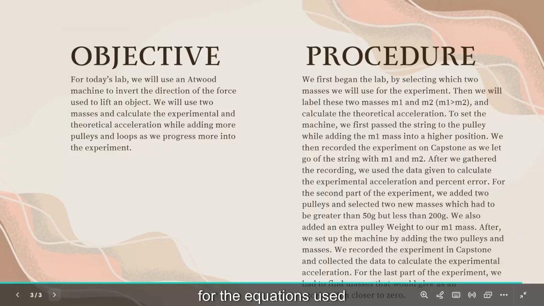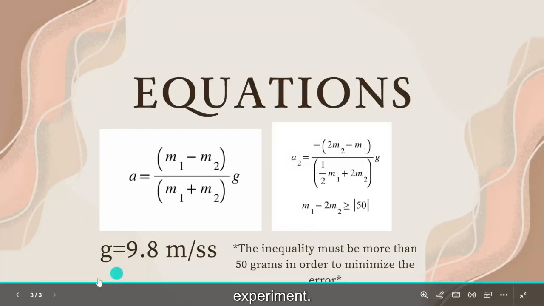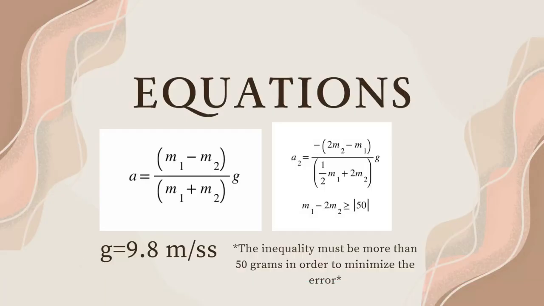For the equations used in this experiment, for the first part, we use the equation A equals (M1 minus M2) over (M1 plus M2) times gravity, in which gravity equals 9.8 meters per second squared.